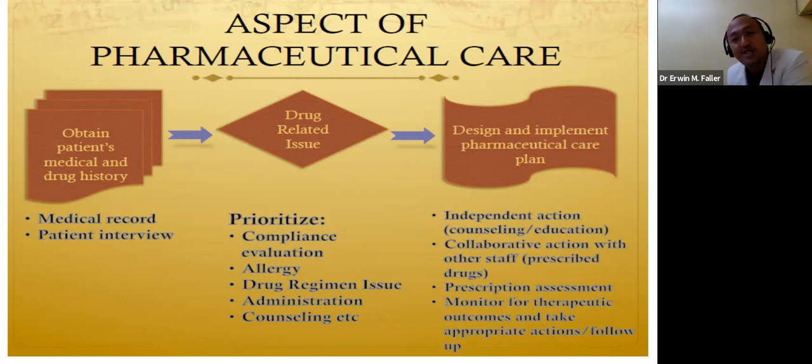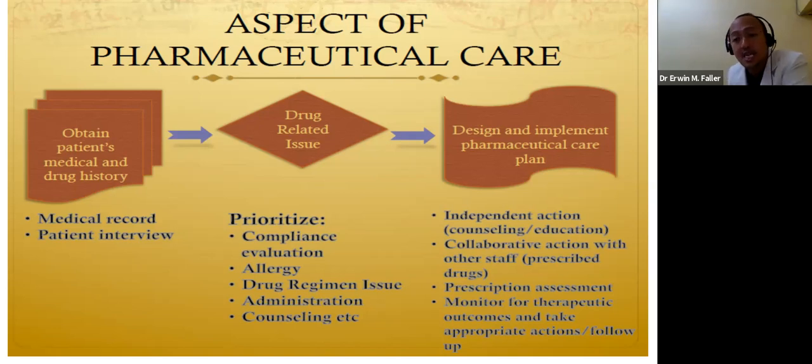As we all know, a drug-related problem is not only about prescription errors or dispensing errors, but also deals with adverse drug reactions, problems associated with the side effects of the drug, and therapeutic effects that, on the other side, can be toxic for your patient.